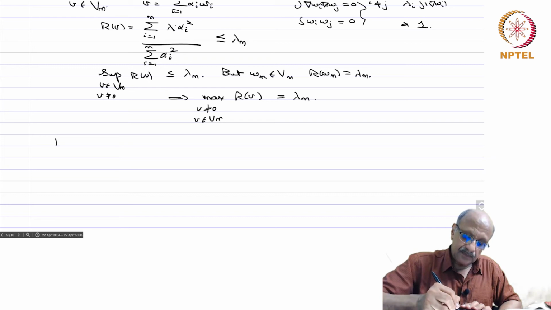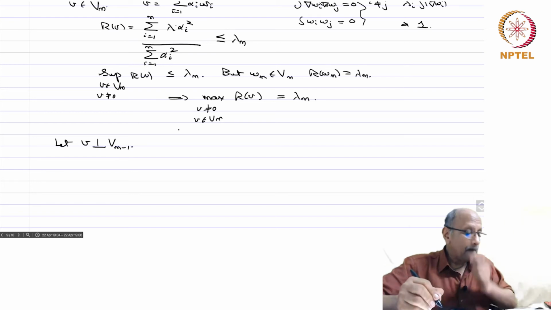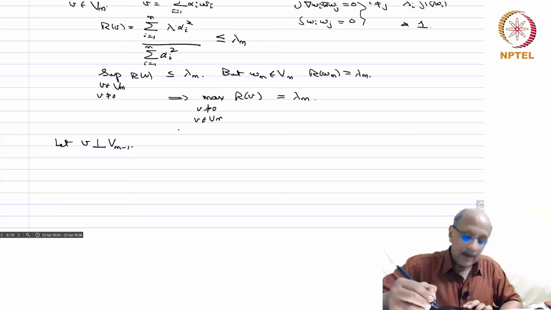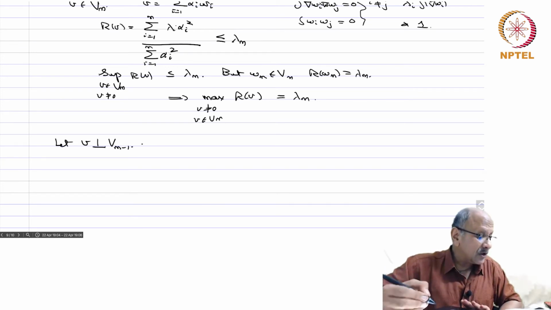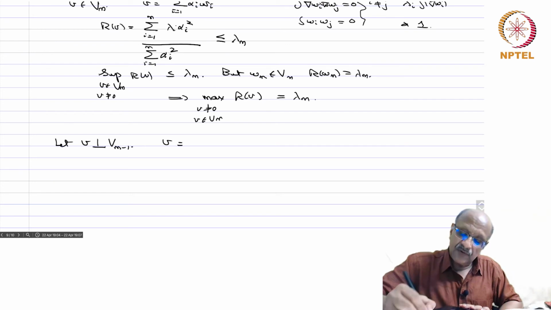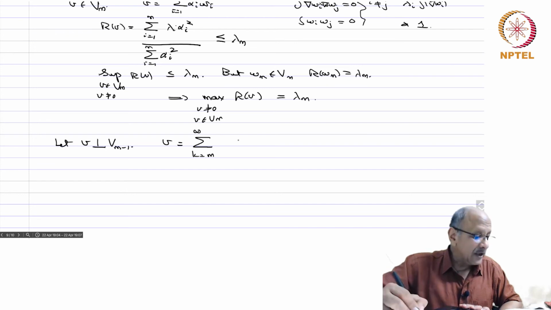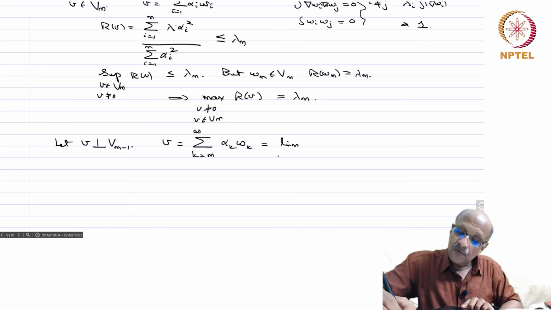Now, let v be orthogonal to Vm minus 1. So, this orthogonality we saw is the same whether it is in H2 or H10 or in L2, and therefore, v, in fact, if you write the Fourier expansion, will be equal to sum k equals m to infinity of alpha k wk, which is equal to the limit of L tending to infinity of sigma k equals m to L of alpha k wk.